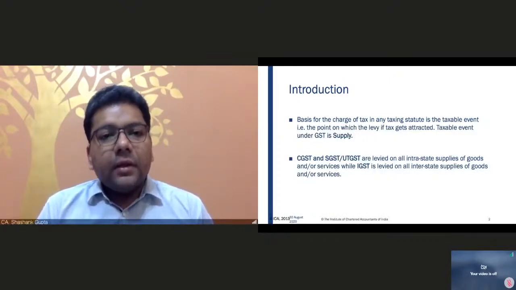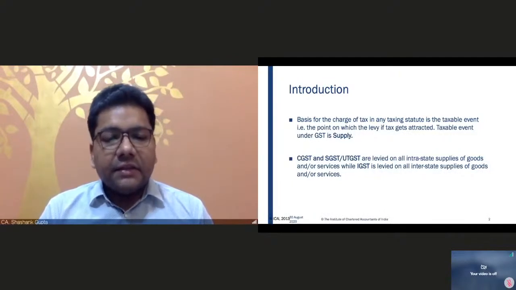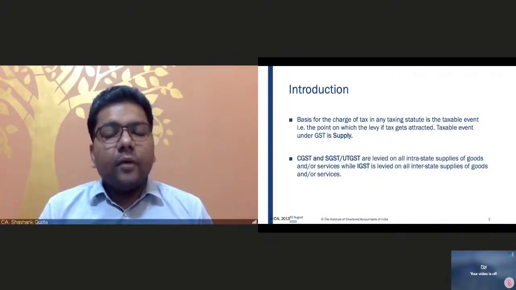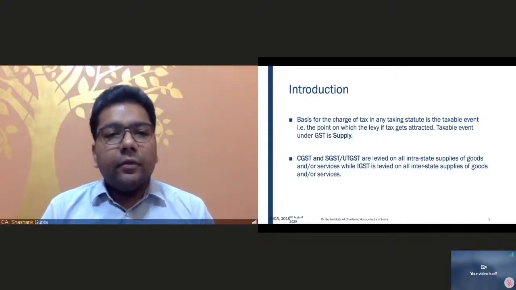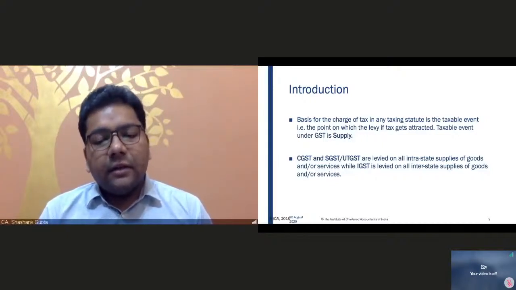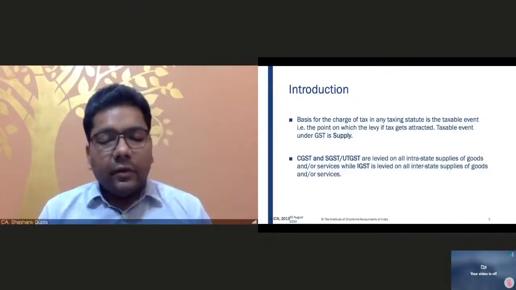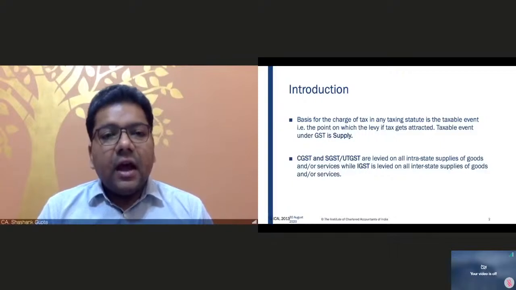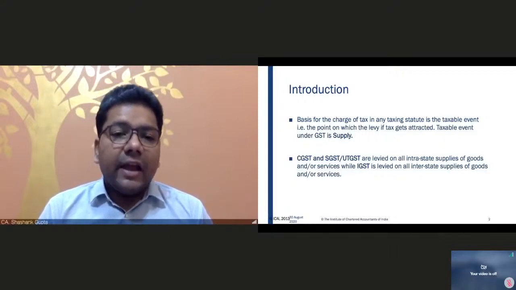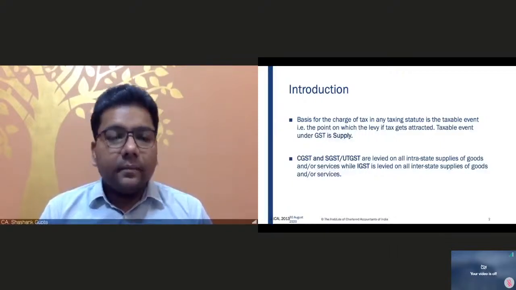However, if the transaction is interstate, or from one state to a union territory, or from one union territory to another state, or from one union territory to another union territory, in such cases, IGST shall be applicable.